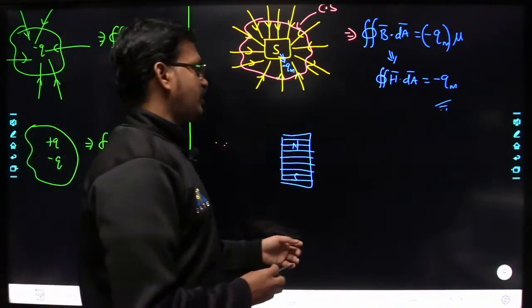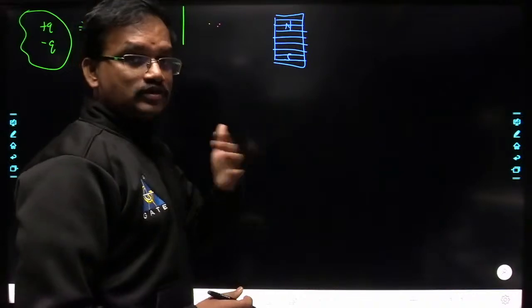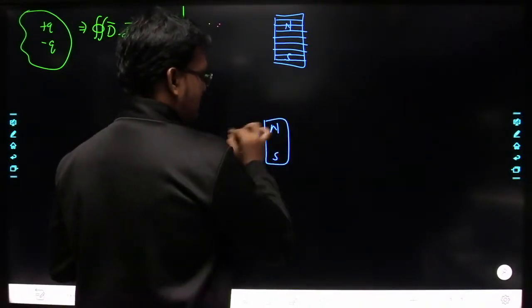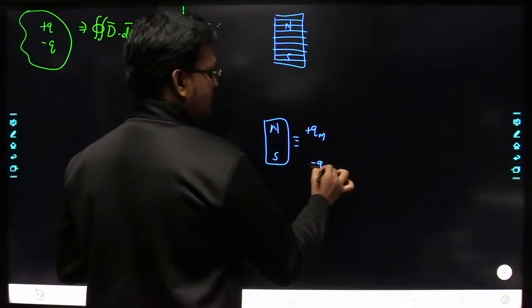So if both magnetic north pole and south pole exist, what will happen? If you are having both north pole as well as south pole, this is equivalent to having plus QM as well as minus QM.